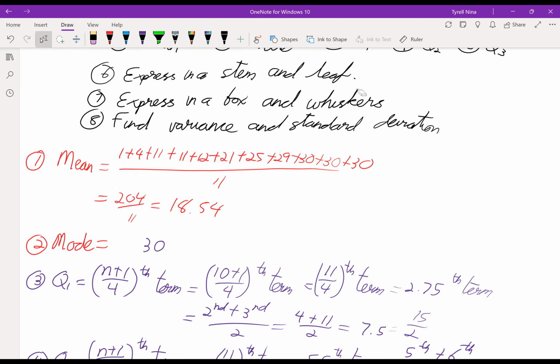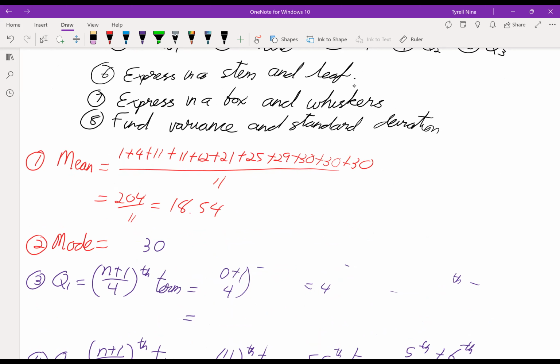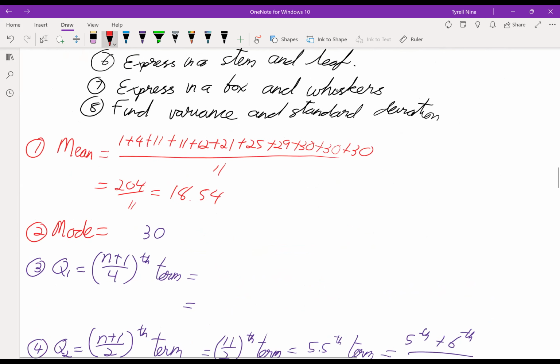All right, so Q1 is the 11 plus 1 over 4 term, which is the third term, which is 11.